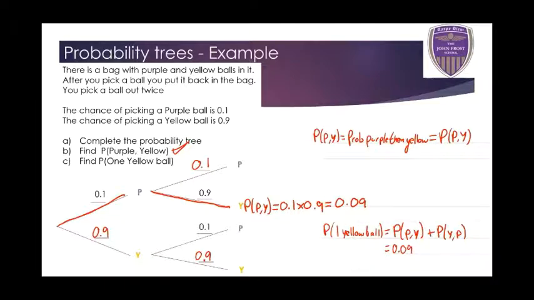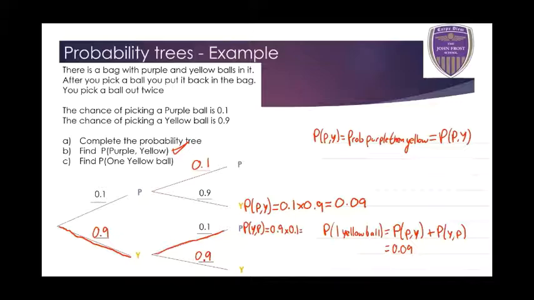What's the probability of yellow then purple? Well, let's have a look. If we follow the tree again, we're going to pick yellow first, which has a probability of 0.9. And the probability of purple is 0.1. So the probability of yellow then purple equals 0.9 times 0.1.